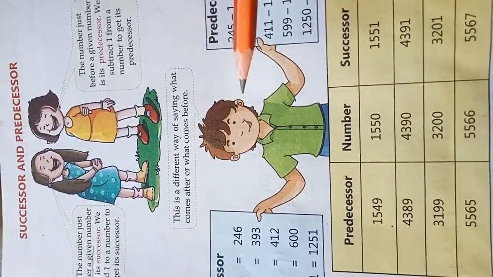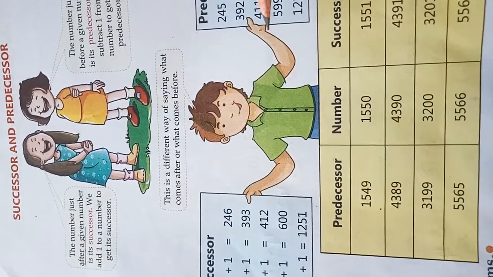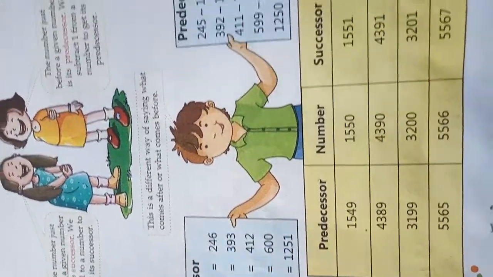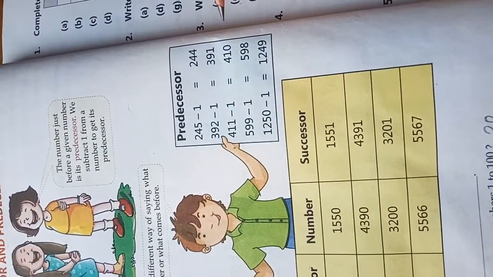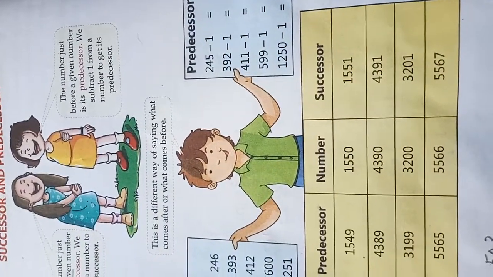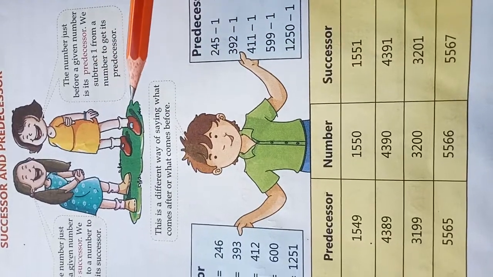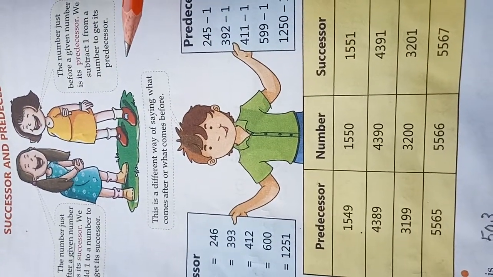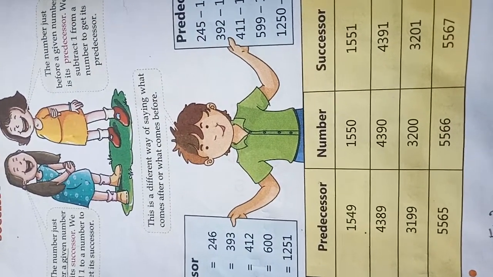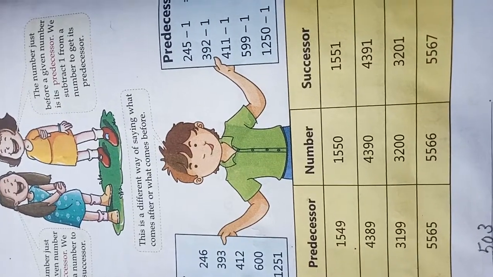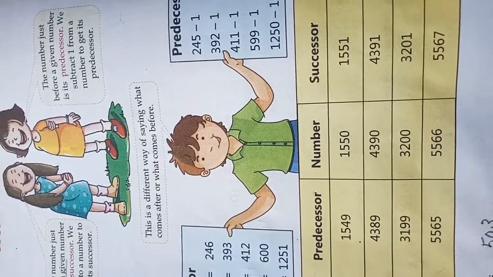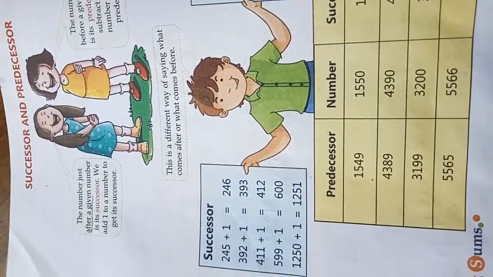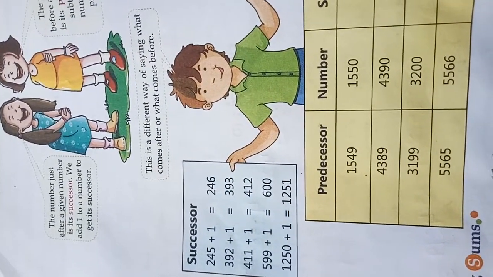Now come to this way, what this boy wants to say and how he wants to explain to us about the successor or predecessor, right? So this is a different way of saying what comes after or what comes before. So in this way we can say this one is known as after and before, right? So let's take a look.